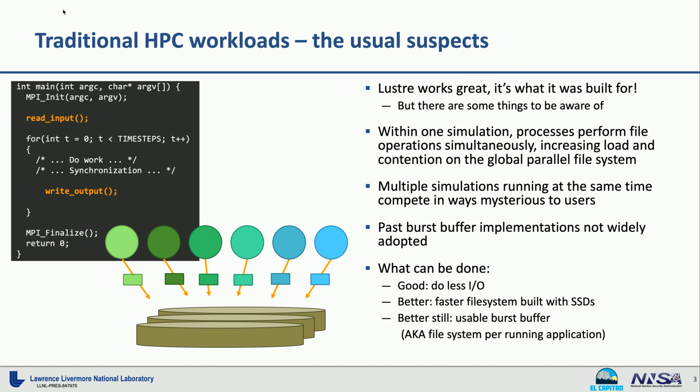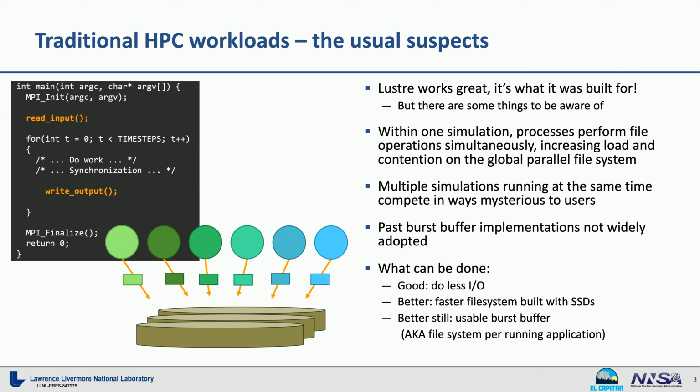And so they're competing with each other, but the competition is invisible to the users. We've had a few different iterations of local storage or burst buffers that have had pretty mixed success, in the sense that they haven't been widely adopted, and apparently they're too hard to use.